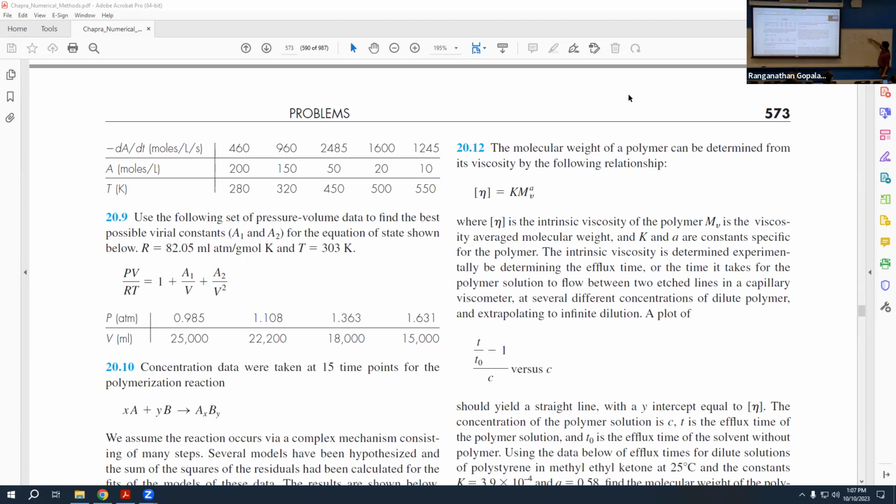So A1 over V should be unitless, which means what is the unit of A1? It should be the same as volume, right? Yeah. So A1's unit should be milliliters, and A2's unit should be milliliters squared. This you should know from the outside.